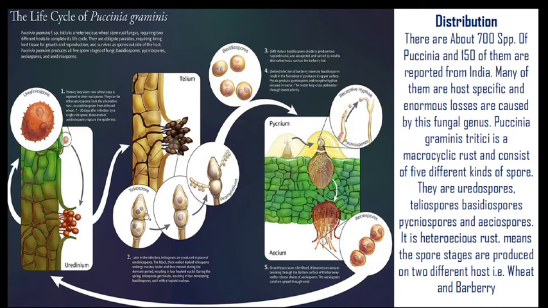These are the brown color teliospores, and this brown color filamentous structure is a hypha, and near that hyphal filament there is a circular dark spot, which is a haustorium, and these are the teliospores which are liberated out through the epidermal wall.